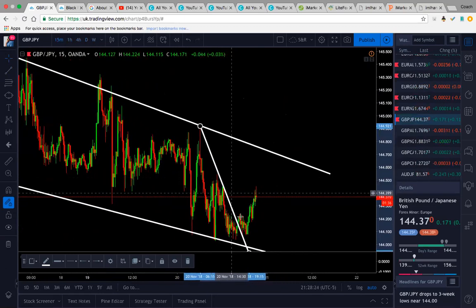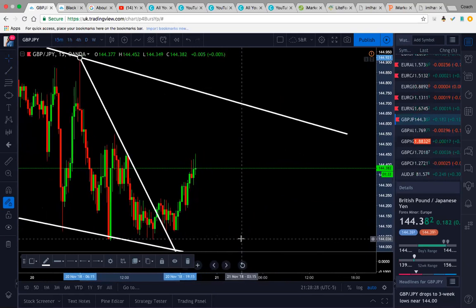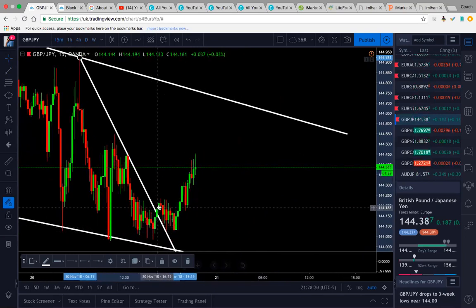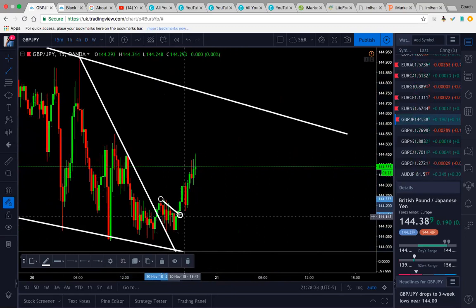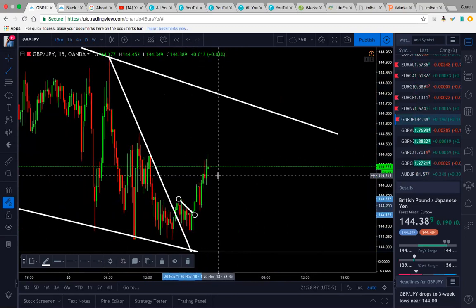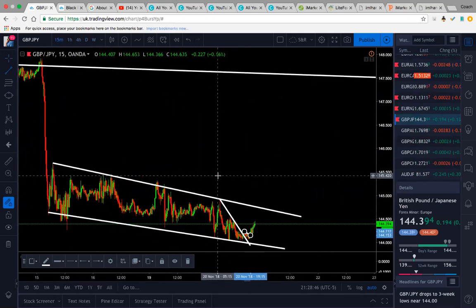So if you guys caught this move, well, it broke here. So what we have here is we had the impulse that broke the trend line, and then after the impulse we had the correction, you can see here, right? And then we had the impulse again. So this trade already started to break towards the upside, right?